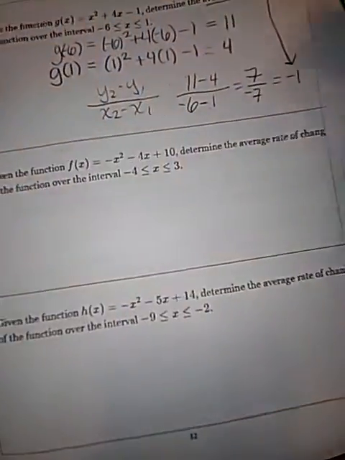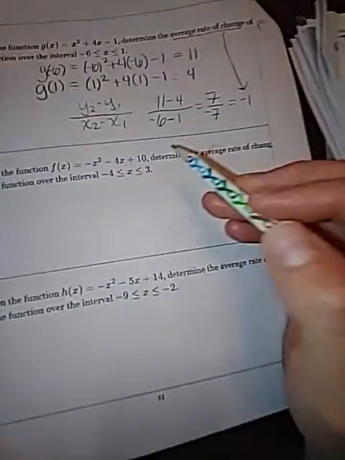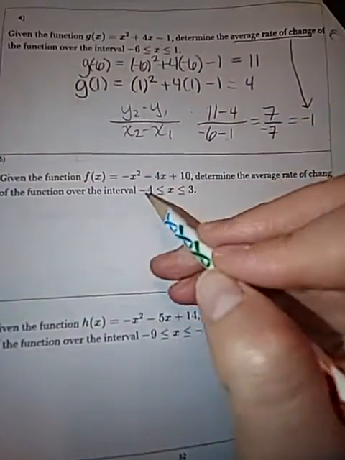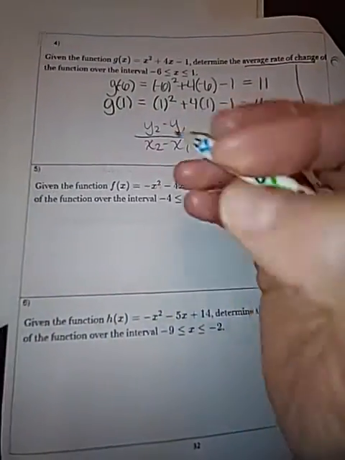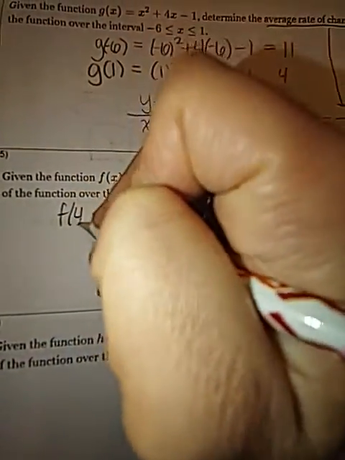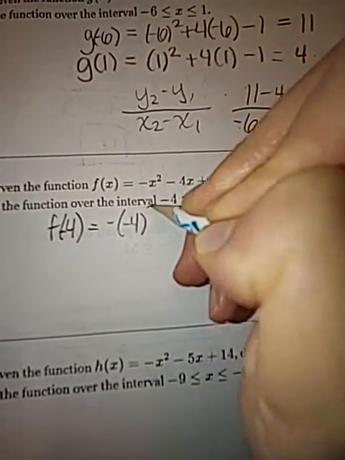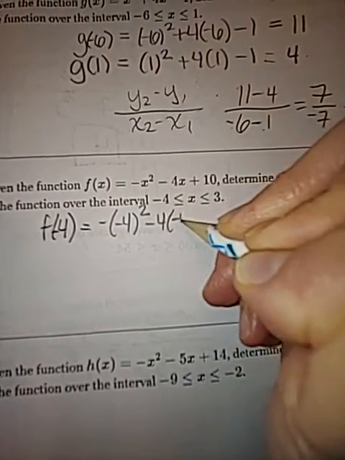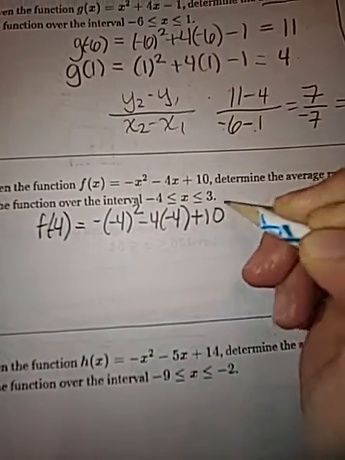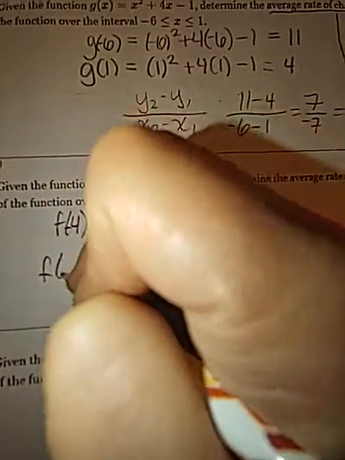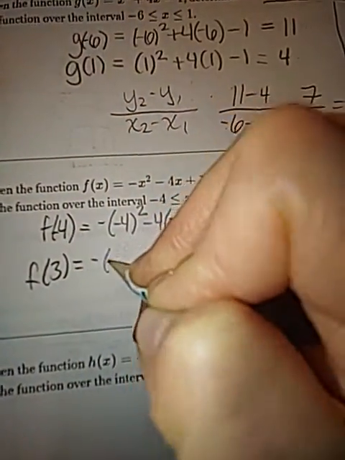All right, a handful of you guys asked me how to work on the equations. All right, so I need the y values. So I need to plug in negative 4 to get the y value. And I need to plug in 3 to get the y value.